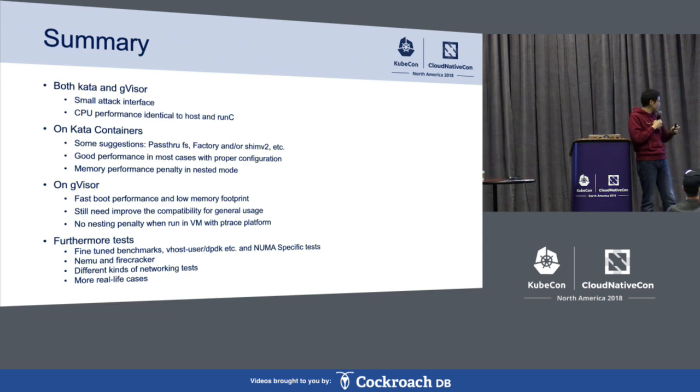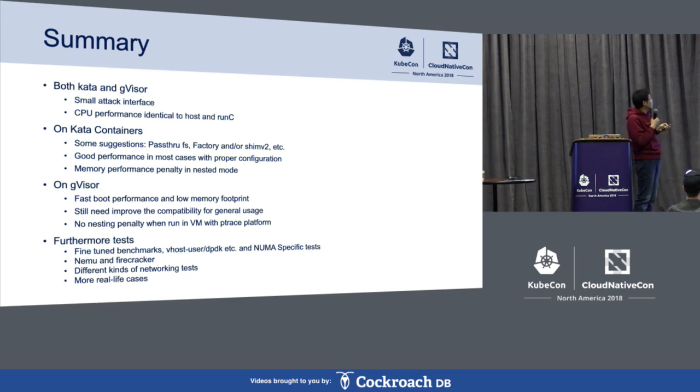And here I can summarize. Both Kata and gVisor have a small attack interface. They use a small set of syscalls to the host, and they have a second level of isolation. So they have a small attack interface and better isolation than runc.